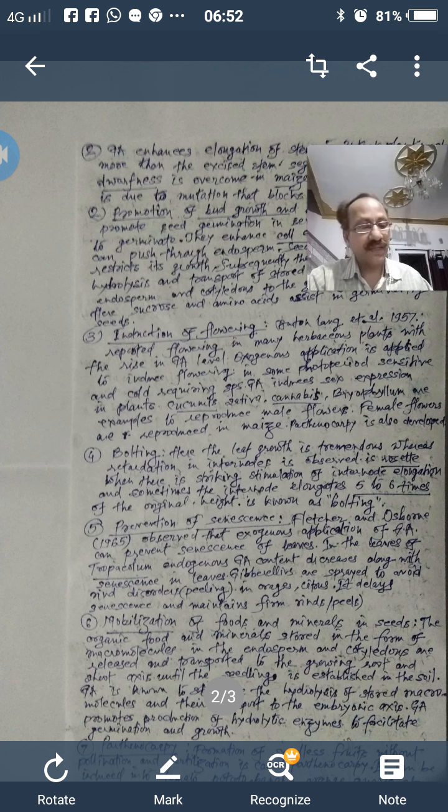GA is known to stimulate the hydrolysis of stored macromolecules and their transport to the embryonic axis. GA, germination and growth.